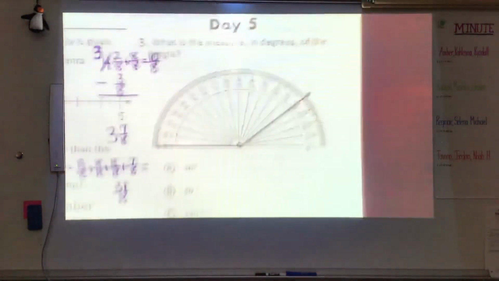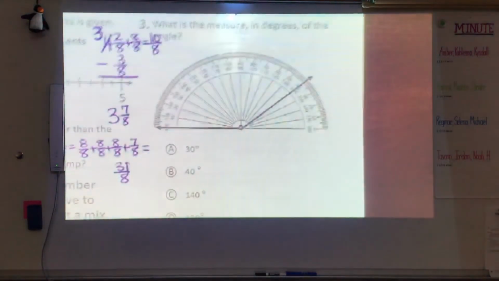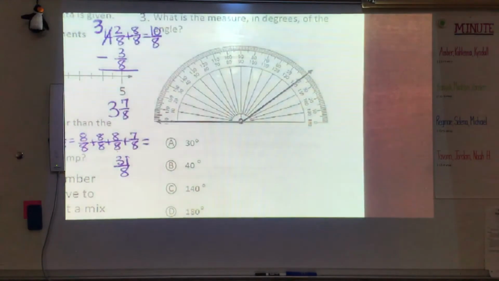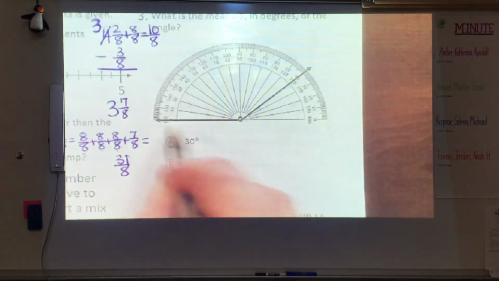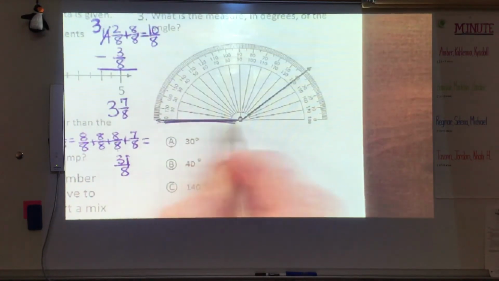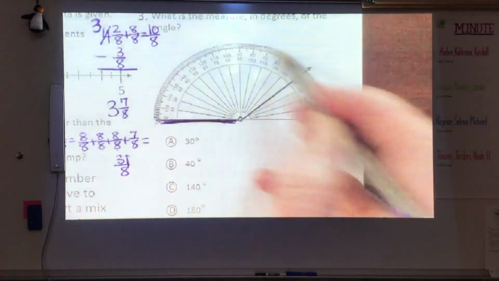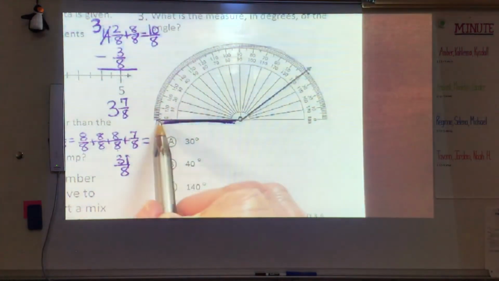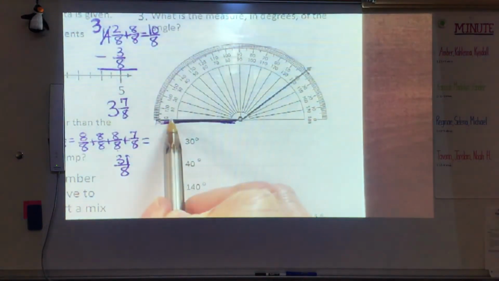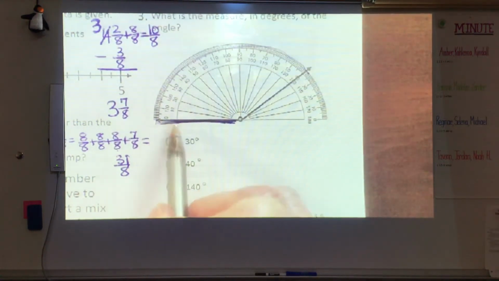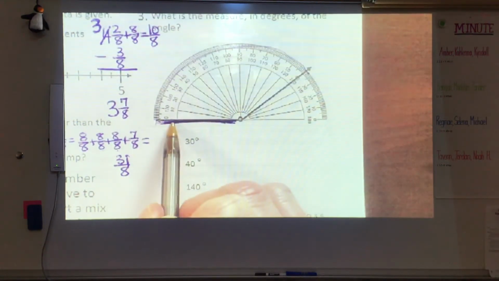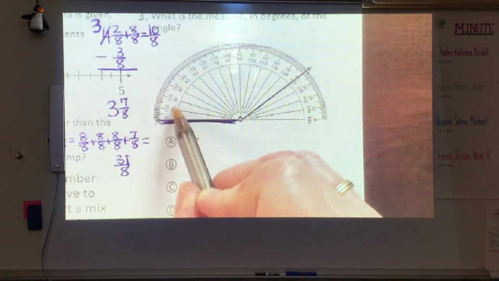Yay. Let's move on up here to number 3. It says, what is the measure in degrees of the angle? Ooh, I love these. We have to be careful. We want to start on this side, and we have to go all the way around. So we have to determine, do we want to use the inside numbers or the outside numbers to find our angle measure? We always want to start at 0. So we need to use those inside numbers.